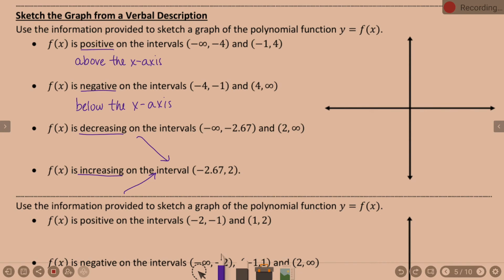Now, they give me intervals that these are happening. Folks, these are all x's. Okay? All of these values are x values that we're using. We don't know anything about y values. We don't know how high this graph goes. I don't know how low this graph goes. I just know based on x values.